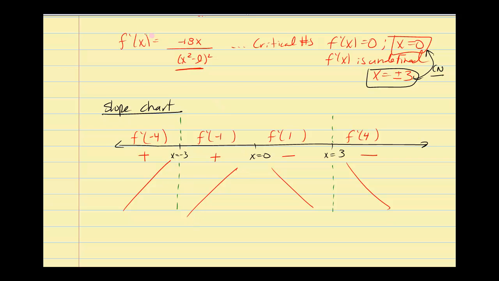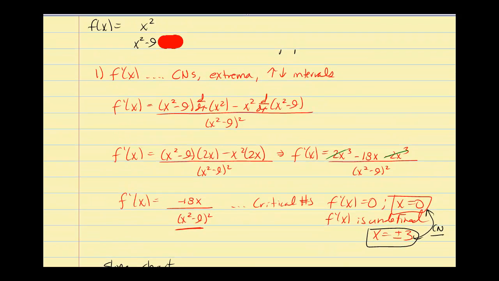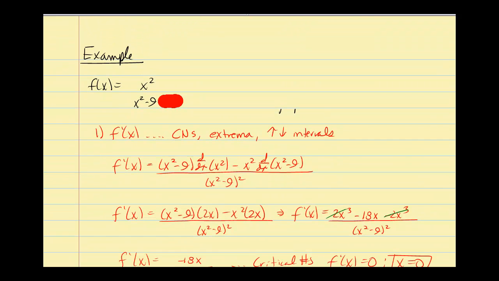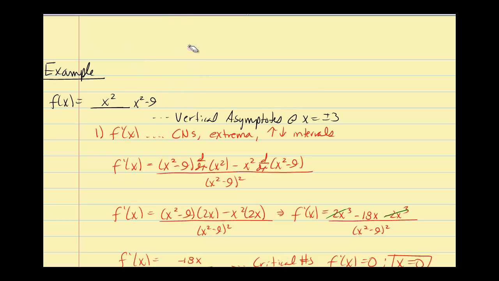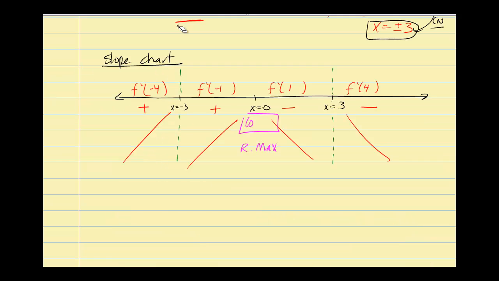Over here we actually have a relative max. The relative max is at the ordered pair 0, and if I want to figure out what my other value is, I plug 0 into my original function.